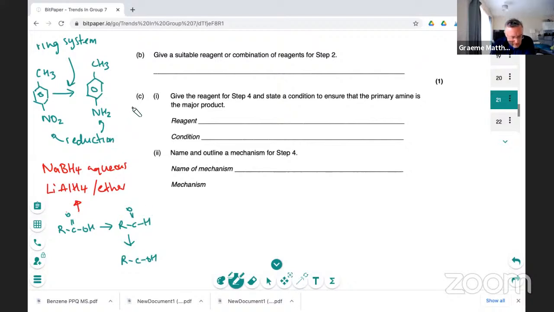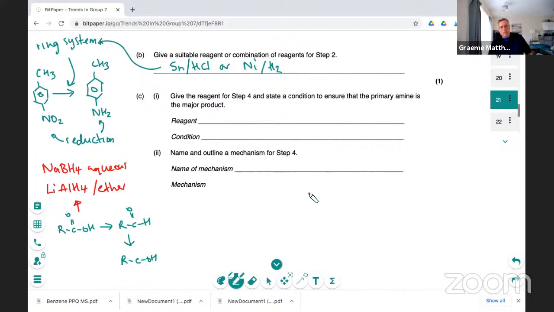For a ring system, you've got to be using something different. The question is testing whether you know to use tin and a drop of acid, or nickel and hydrogen. Either one, tie it into the ring system in your notes, please, chemists.